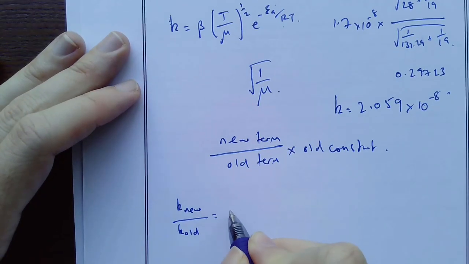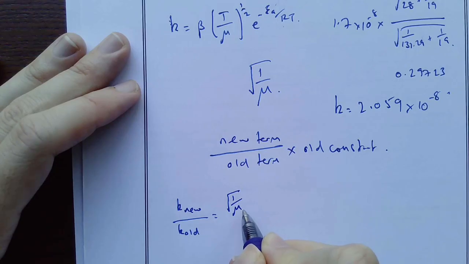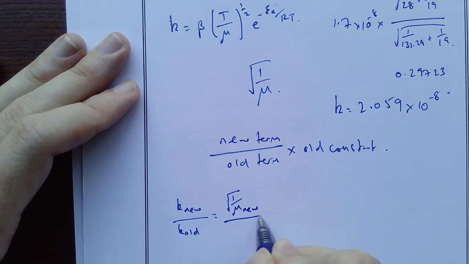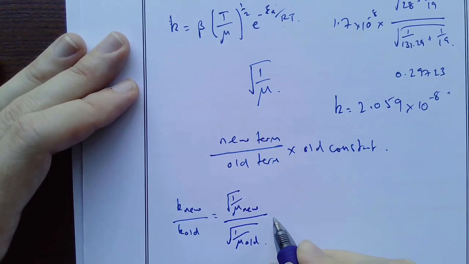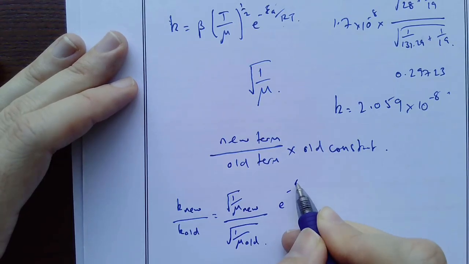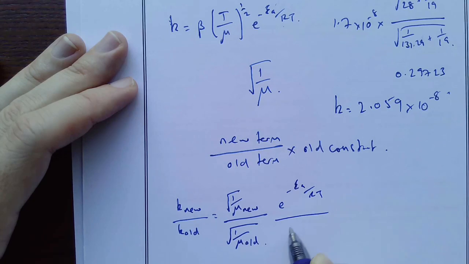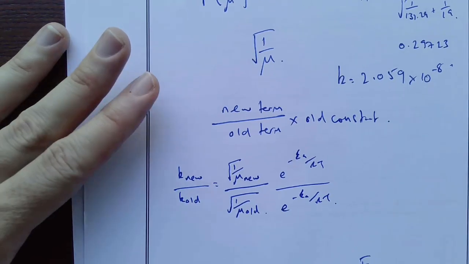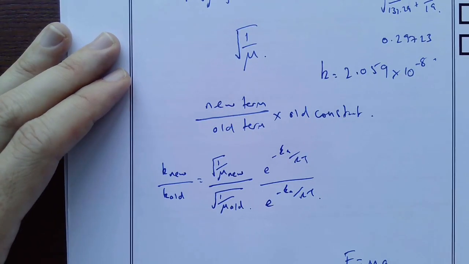Then I get the square root of 1 over mu new divided by the square root of 1 over mu old, and e to the minus Ea over RT divided by e to the minus Ea over RT. Yeah, okay, so you can do it like that. It probably would have made more sense to do it like that from the start.